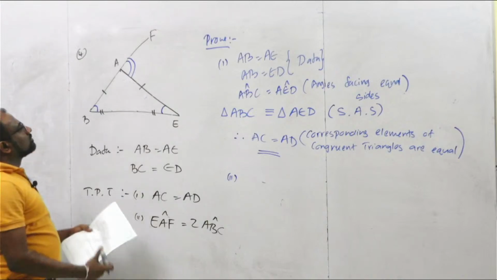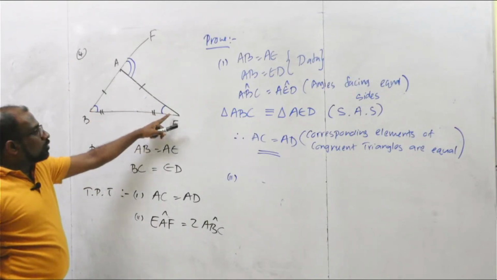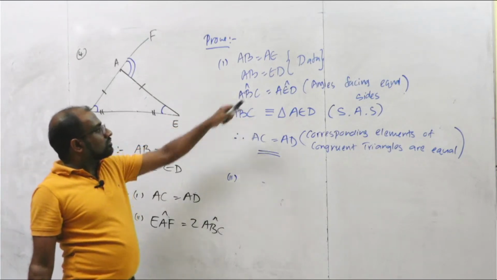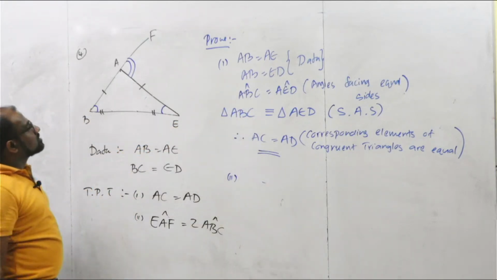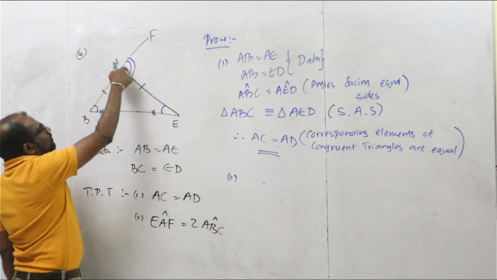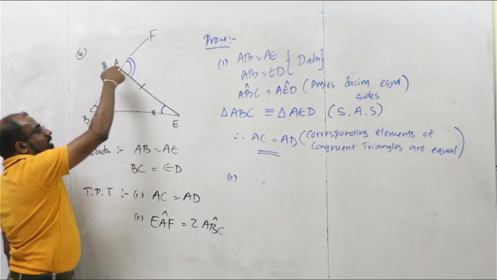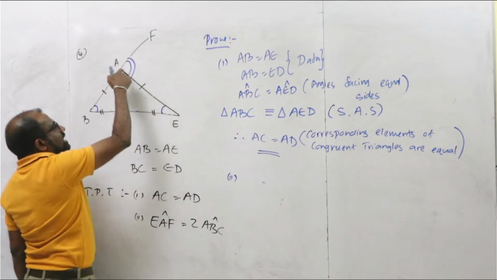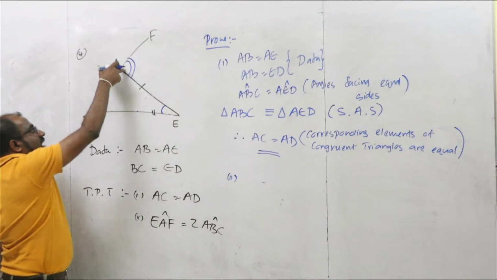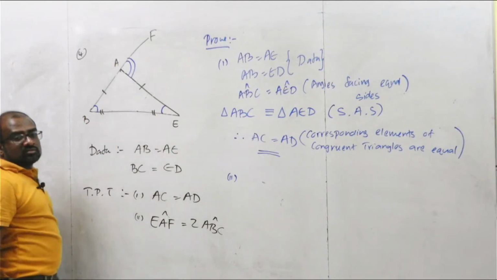Then these two angles are equal. We have written that earlier. Angles facing equal sides. EAF is what? The exterior angle of the triangle. The exterior angle is equal to the sum of the two interior opposite angles.